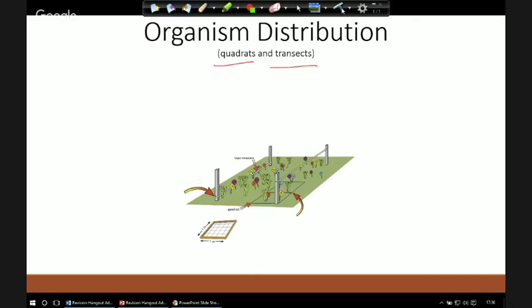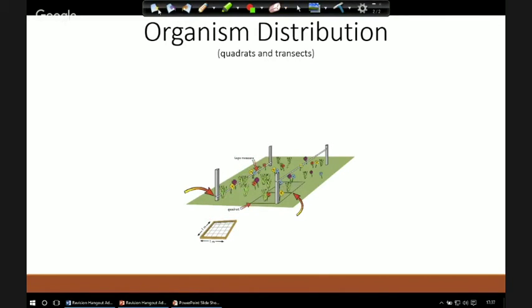Now, with a transect, it's a similar principle. A transect is essentially a line that runs through a given area. It allows us to study what organisms are distributed through a particular place. And so we would get ourselves a tape measure, run out our line, and count at given areas the number of flowers within.